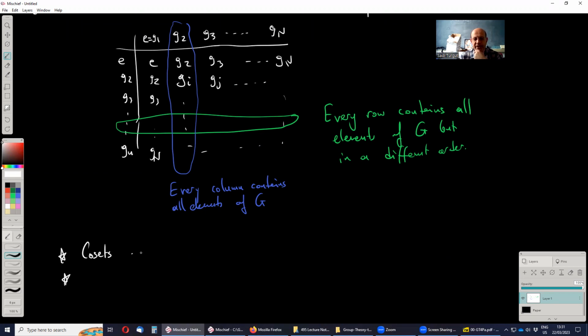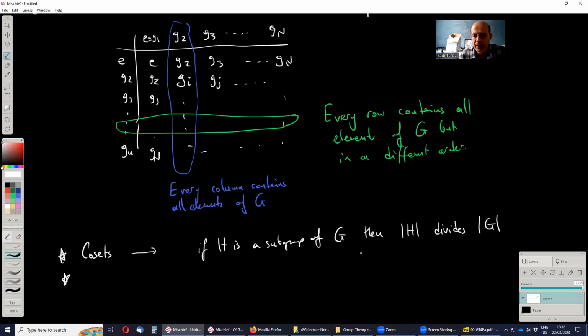And from cosets, for example, you can say that if H is a subgroup of G, then the order of the subgroup divides the order of the full group. You can use this for analyzing the structure of a group.